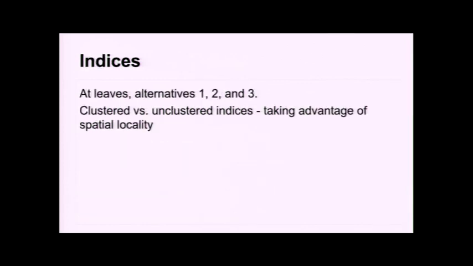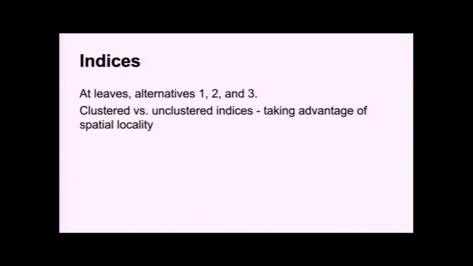So for an alternative 2 entry on an index, for each value of that index, it's going to be associated with one pointer to some record on disk.